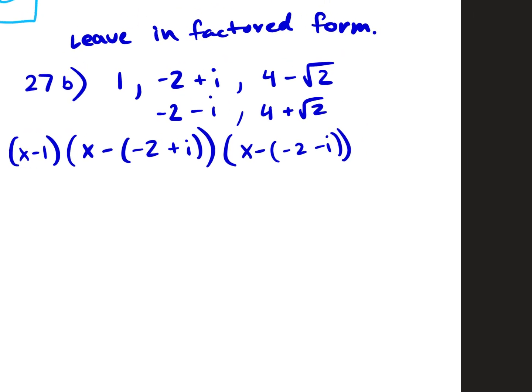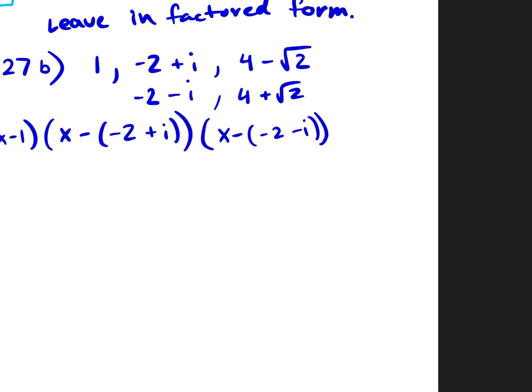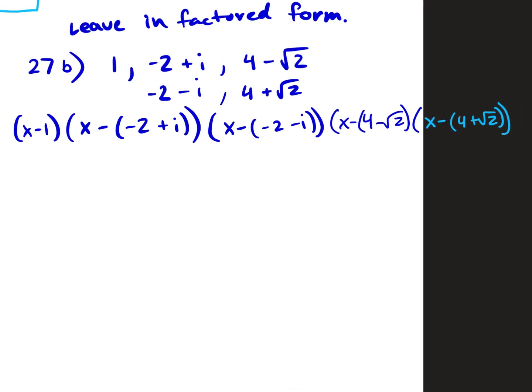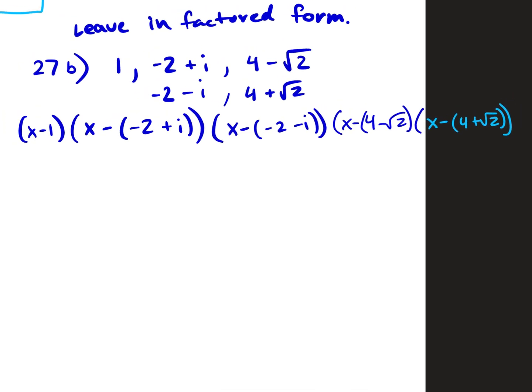What would come next? X minus 4 minus square root 2 and x minus 4 plus square root 2. So it's just always x minus. Even if it's 2 terms, just x minus whatever your terms are. So this would be our answer.